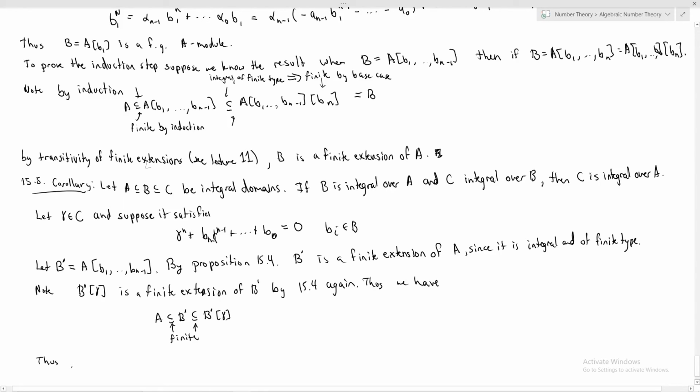Thus, B prime adjoin gamma is a finite extension of A. Okay, what else can I say here? Note also that gamma times B prime adjoin gamma is contained in B prime adjoin gamma.